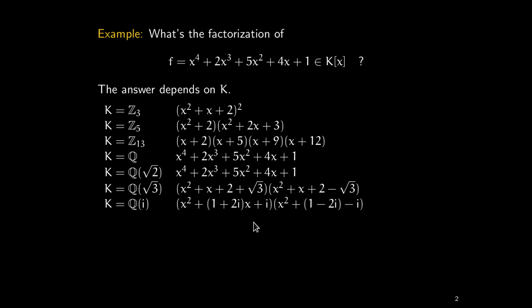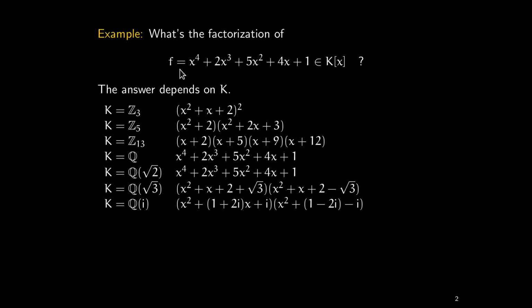And you see also that there's no apparent relation between this factorization and this factorization. That's because there's no apparent relation between square root of 3 and i. So this is really just a completely different story.